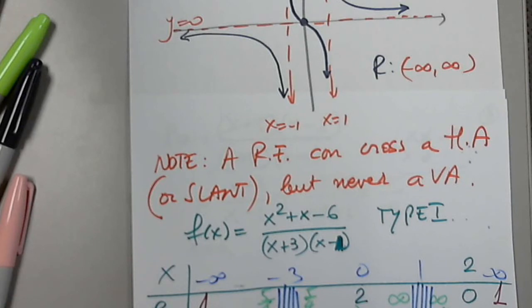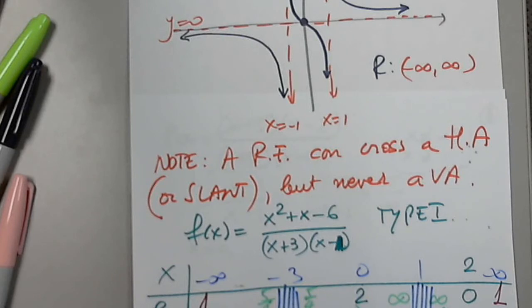So from 1, going up through the open point -3, 5/4, crossing the y-axis at 0, 2, and going to infinity on the left-hand side of the vertical asymptote.